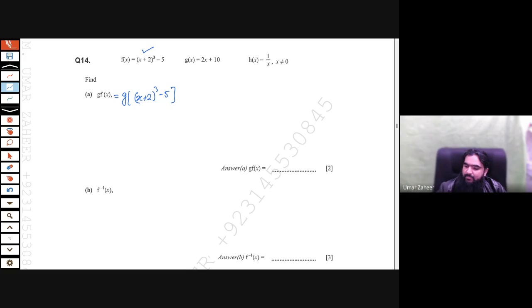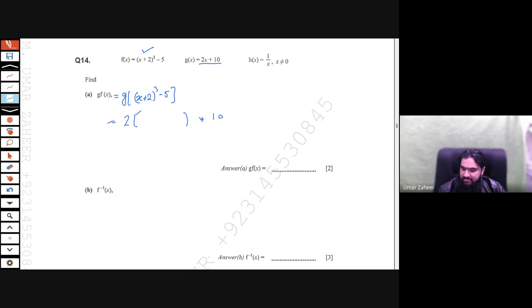Okay, now which function is applied now? The g function. And the g function is 2x + 10.